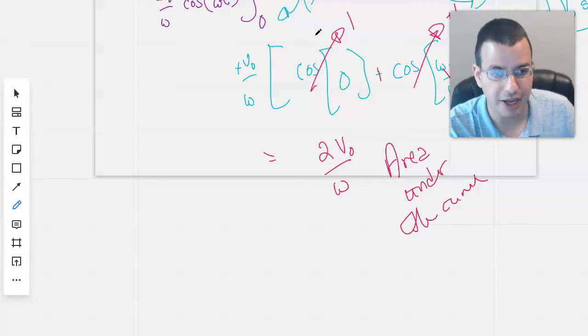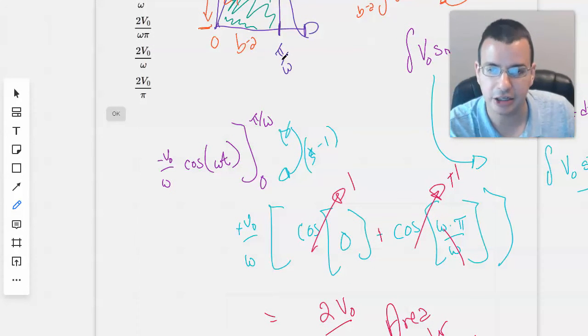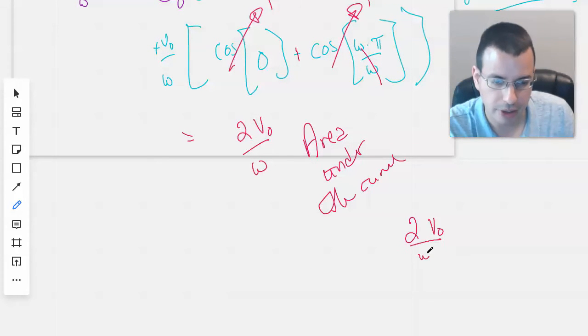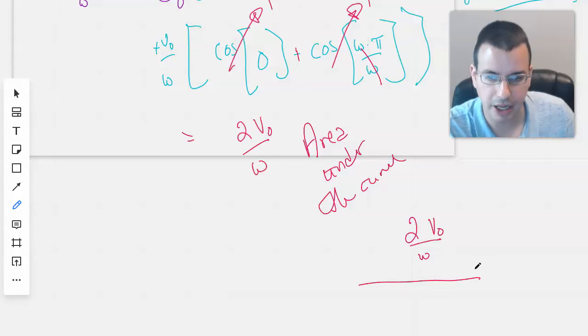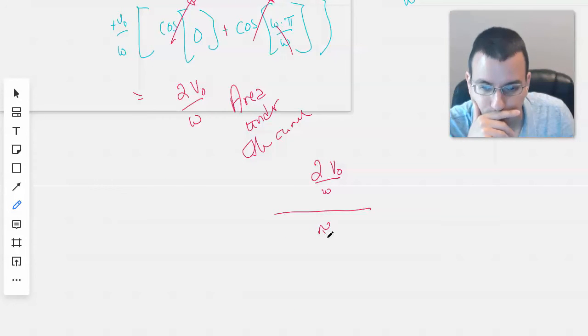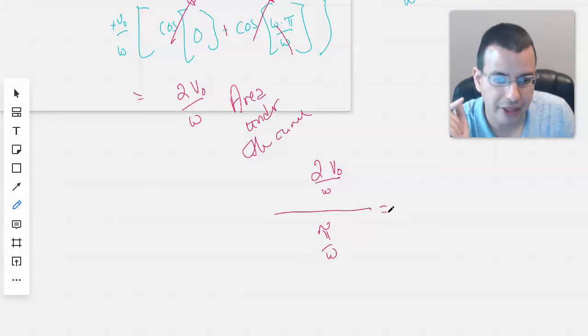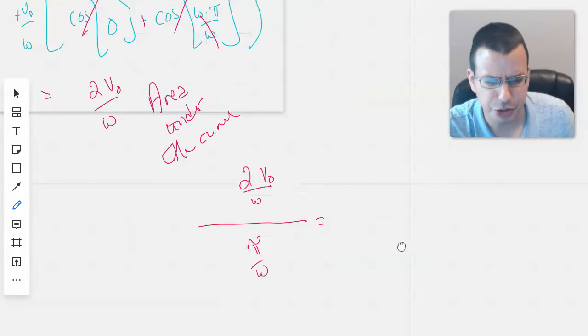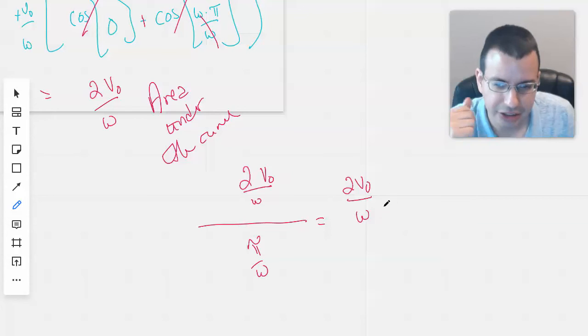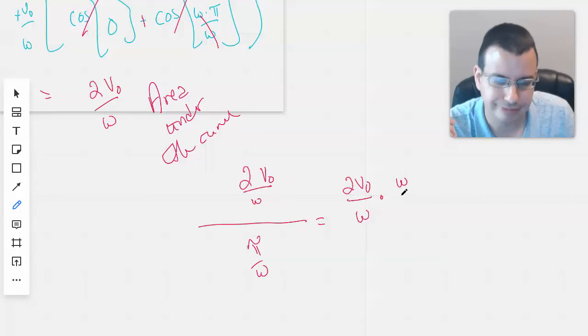So we want to divide that by this distance here, which is pi over omega. So 2 V naught over omega divided by pi over omega. I know I kind of switched between omega and angular frequency. Omega is easier to say, so sometimes I switch back and forth.